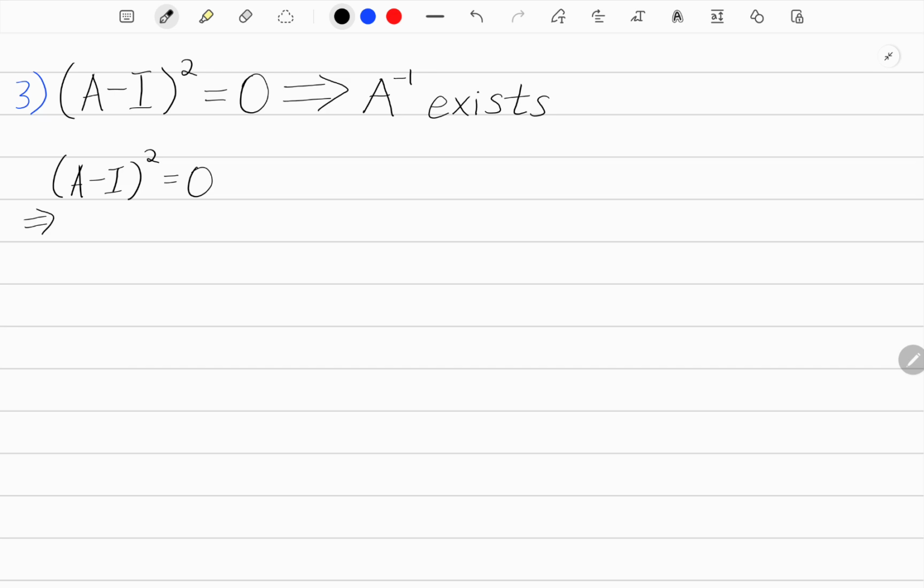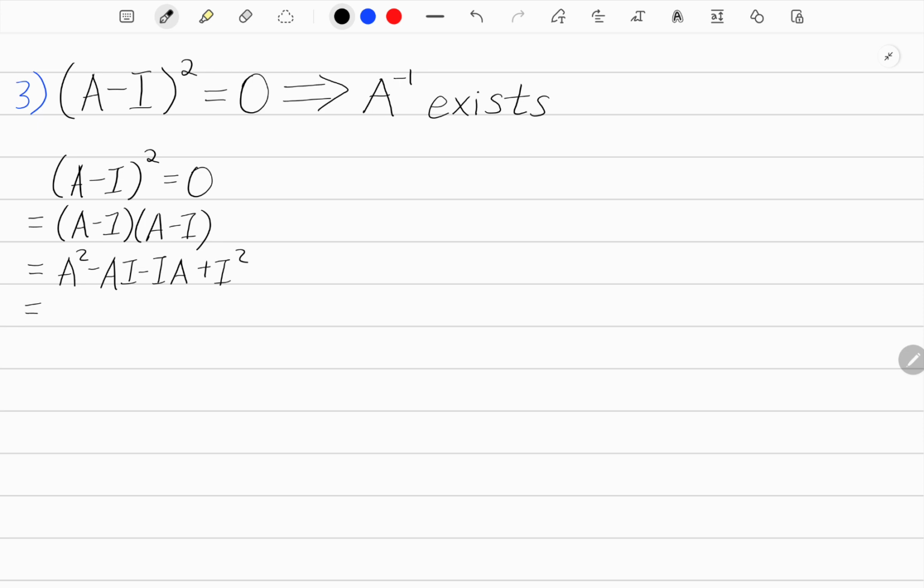Well, just expand it out. (A - I) squared is just (A - I) times (A - I). You can FOIL this out: A squared minus AI minus IA plus I squared.